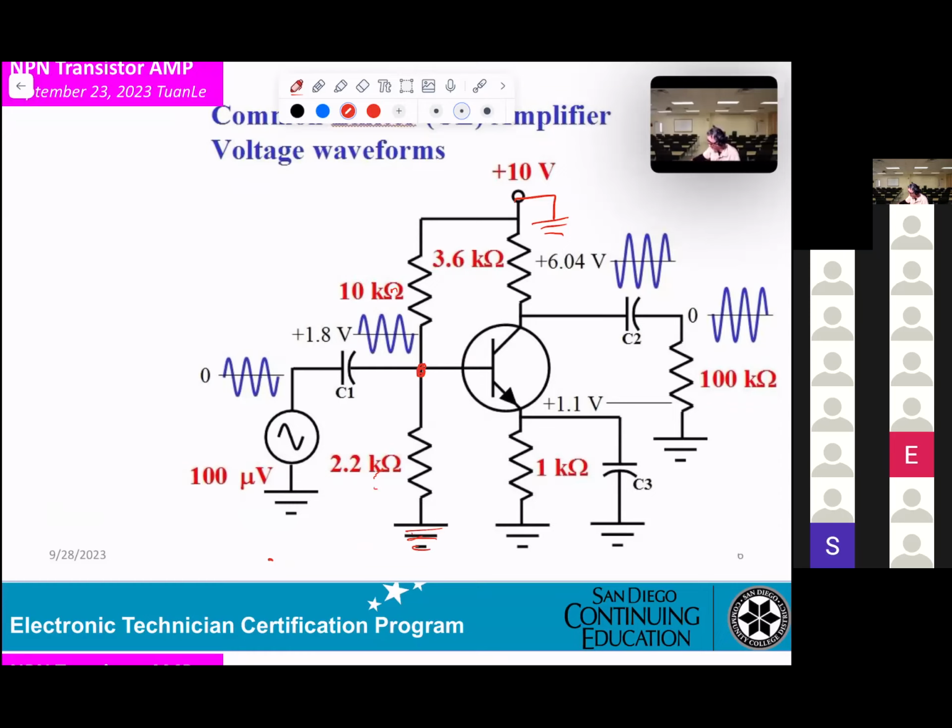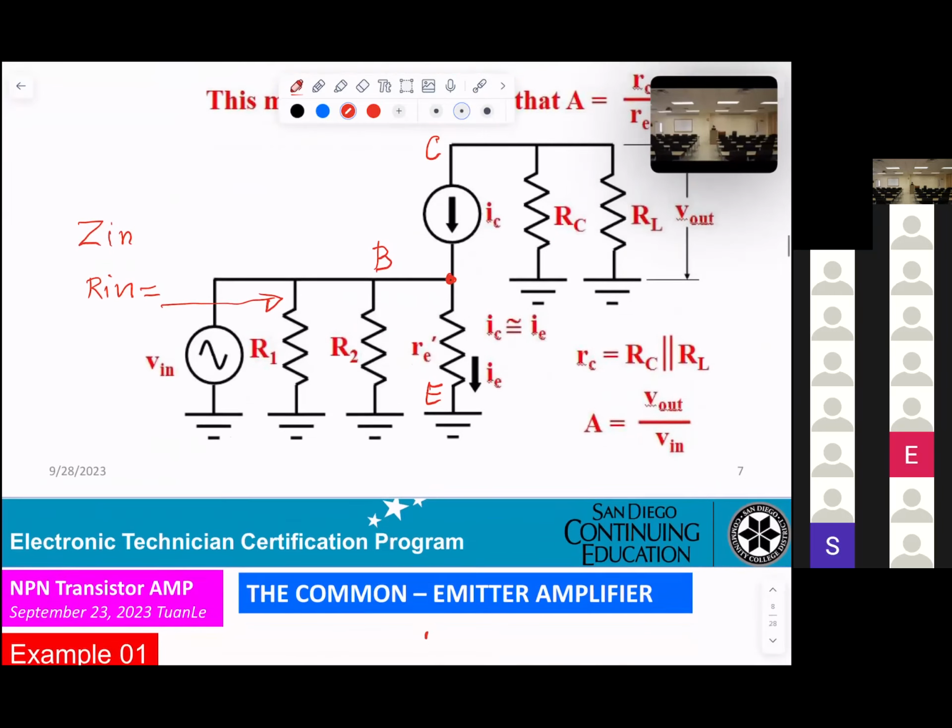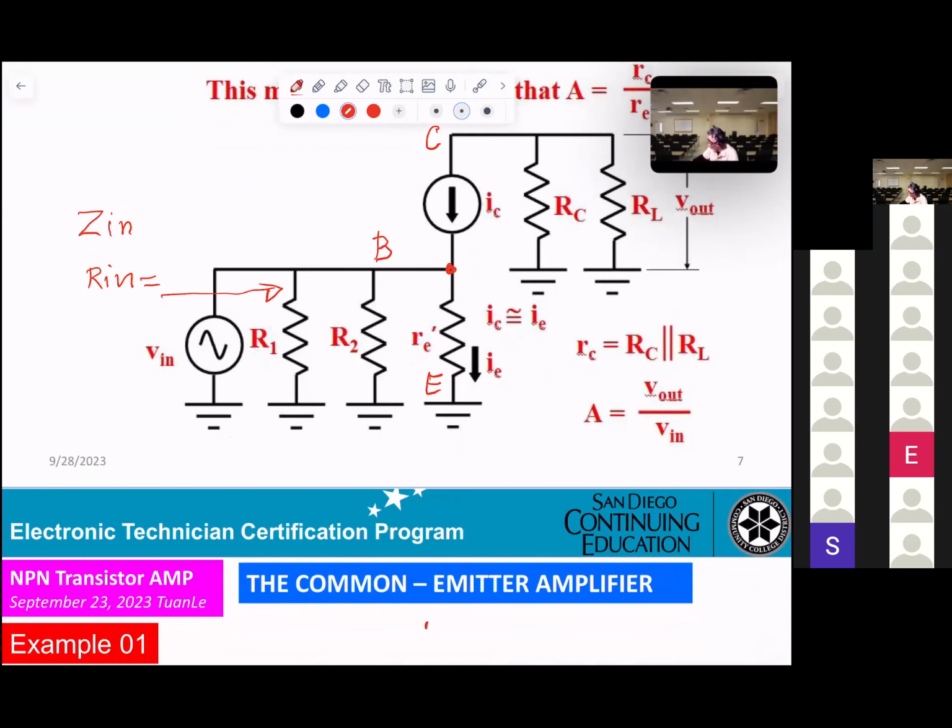And 10K, one side connects to the base, the other side now connects to the ground. So that's why you can see R1, R2 now will be in parallel. Is it correct? Yes. Okay, make sure.